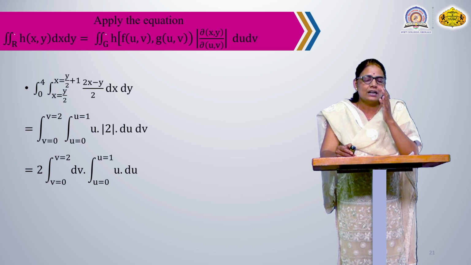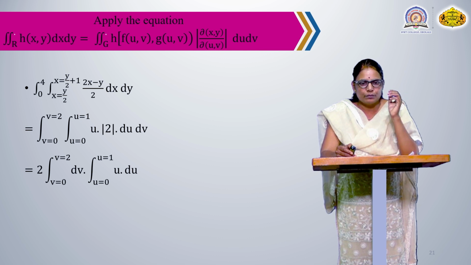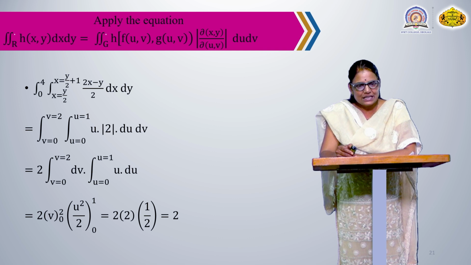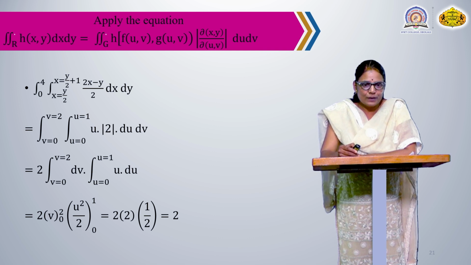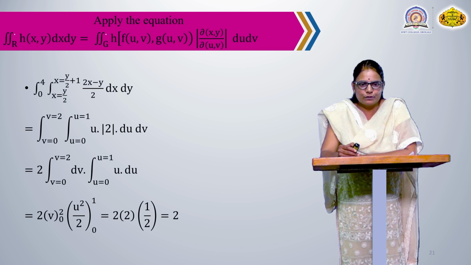Because here terms of x and y can be written separately as a product of terms of u and a product of terms of v. So this is the same as, keep this 2 as it is, the first integration is the integration of dv, v from 0 to 2.